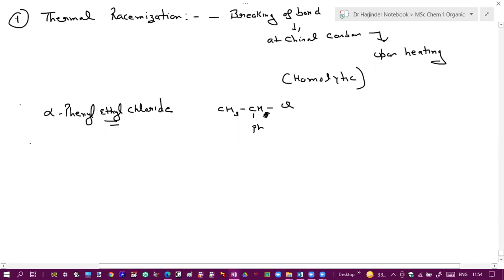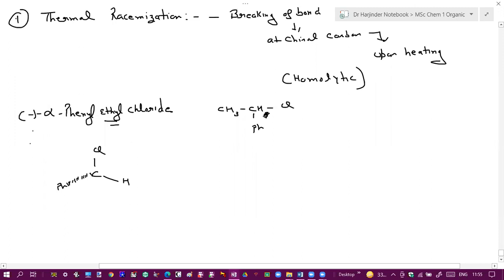And suppose you have a minus. What does this minus sign mean? Sir, S configuration. What does this minus sign mean? Left side. Sir, it rotates plane polarized light to the left side.